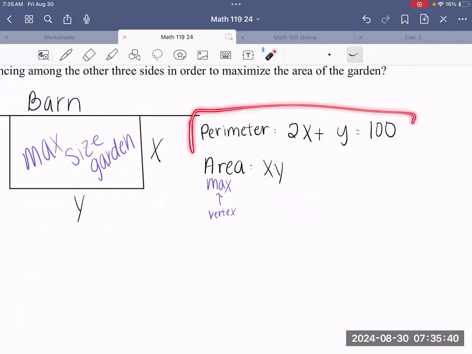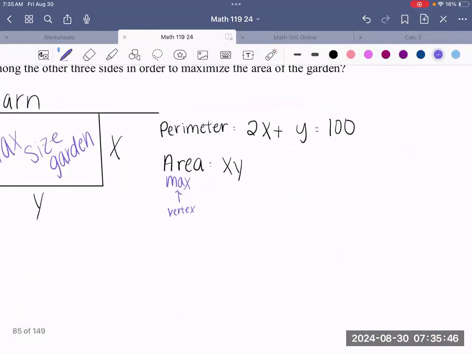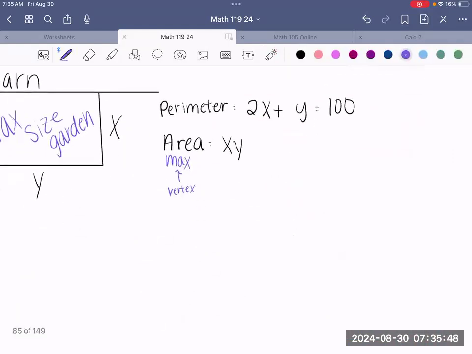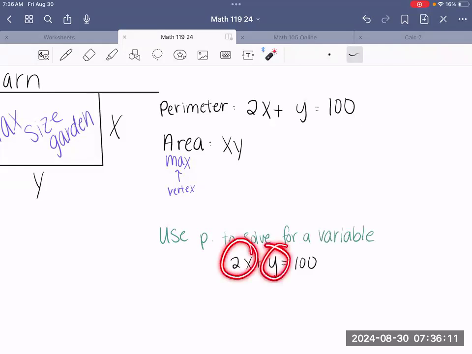This is where the perimeter comes into play. You'll notice that you have 2 variables here, so let's solve for one of them. Use the perimeter, the P, to solve for a variable. We have 2x plus y is equal to 100. Is it easier to solve for the x or the y?